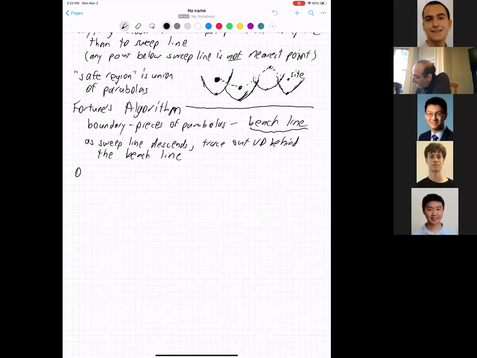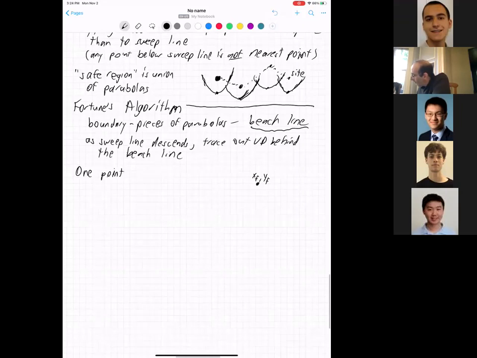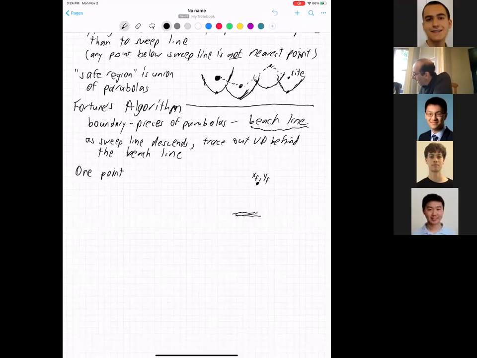Let's start by thinking about just one point and what we can say about what's going on. We have this point at position x sub f and y sub f. It's the focus of the parabola. And we imagine our sweep line, which is at some point y equals t, and t is going to be decreasing over time.